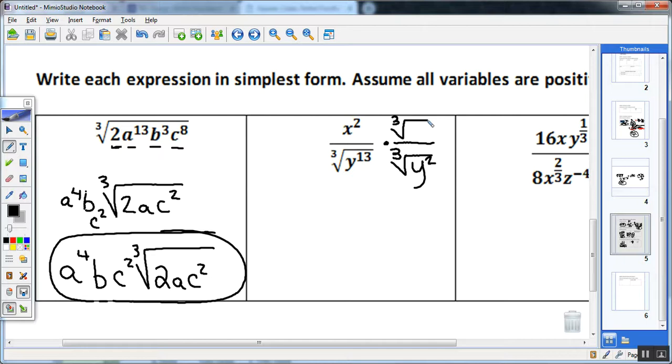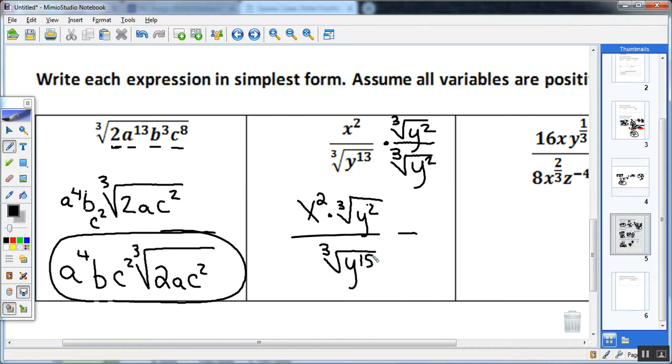Cube root of... Okay, watch what happens. We get x to the second times the cube root of y squared all over the cube root now of what, kids? Yeah, cube root of y to the 15.